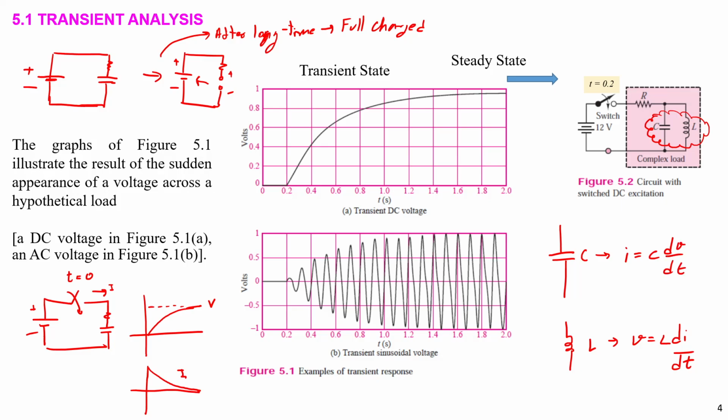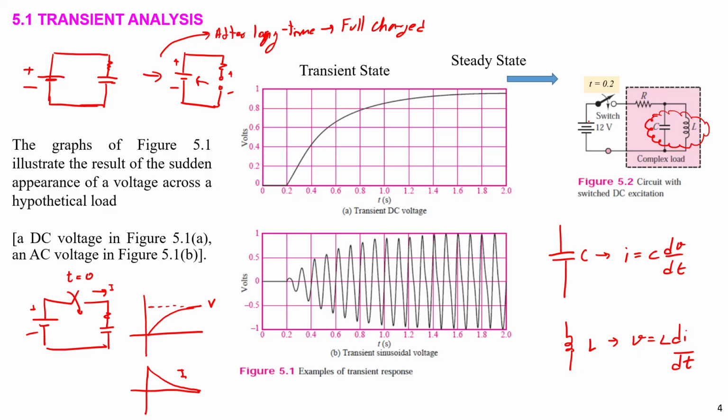So d by dt makes this device react to the source with transient behavior. For a DC source, if we switch a DC source onto an LC circuit or RLC circuit, you get this transient behavior. For AC, if we supply AC, you get transient AC as well.